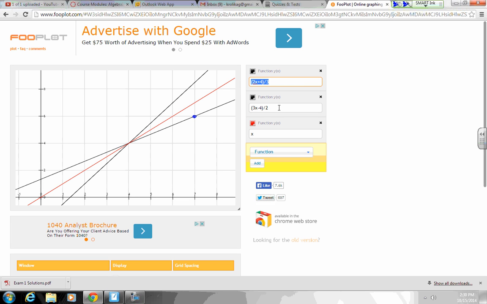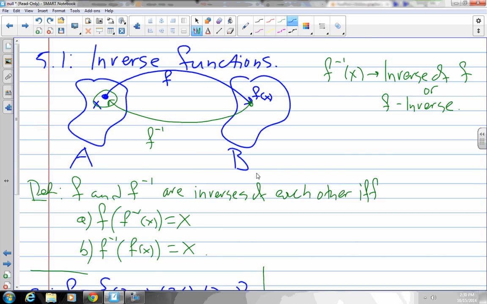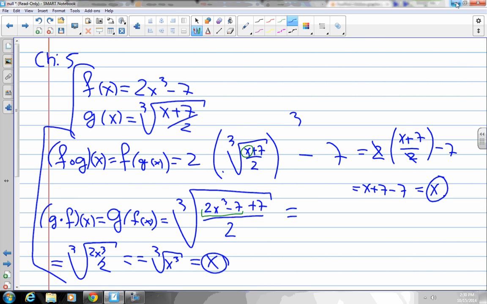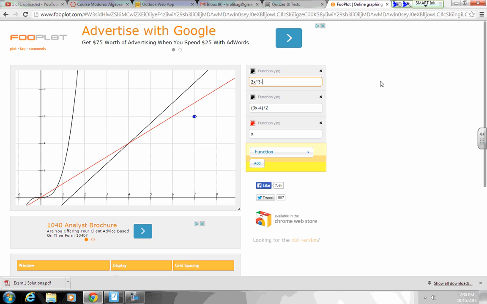What was the thing with the cube roots? 2x cubed. What was that example? One of the earlier ones. 2x cubed minus 7. Whatever that is. And what is the other one? x plus 7 over 2.